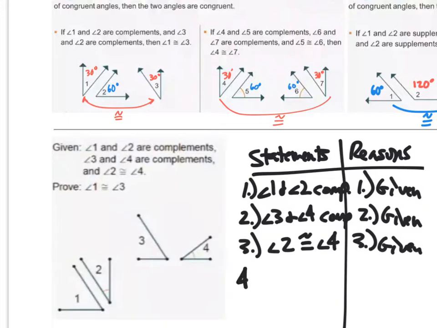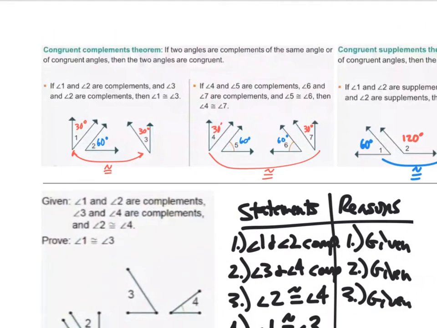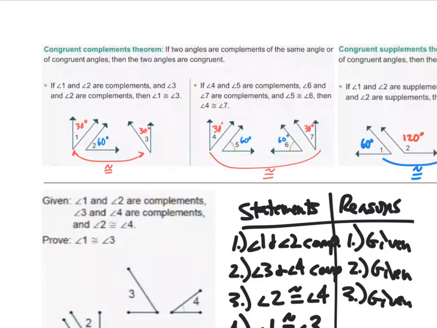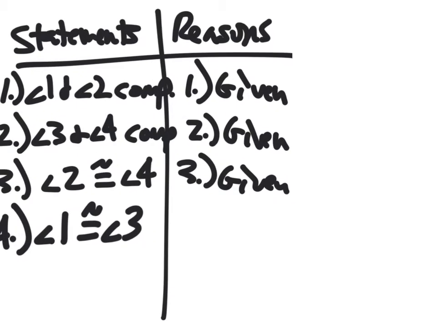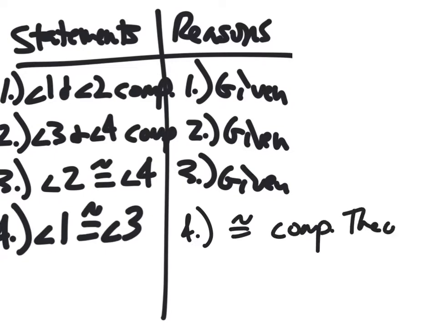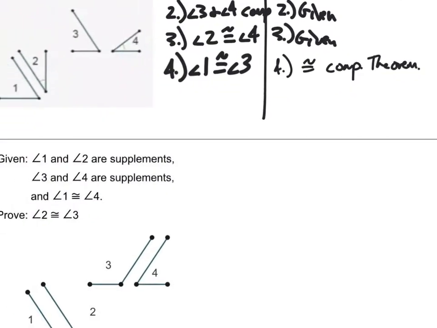I'm going to put that as my fourth statement. Angle 1 is congruent to angle 3, and the reason I can say that is because of the congruent complements theorem, which I'm going to abbreviate.